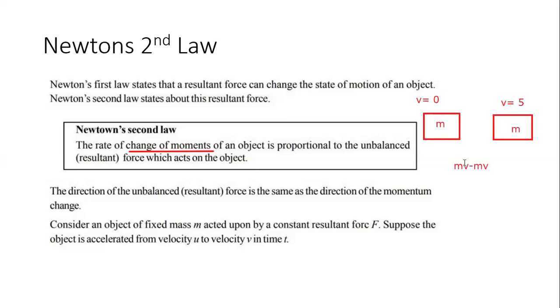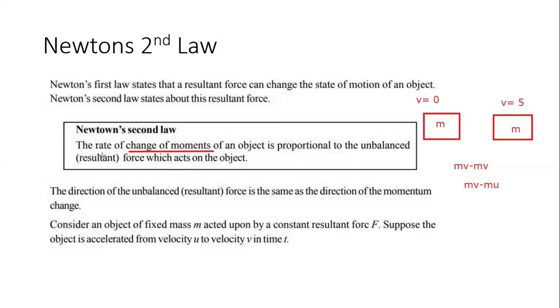So this is the change in momentum. However, this is not suitable, like both terms are given by v, velocity. So the first is mv, minus mu. Yes, mv minus mu. You already know this is right.